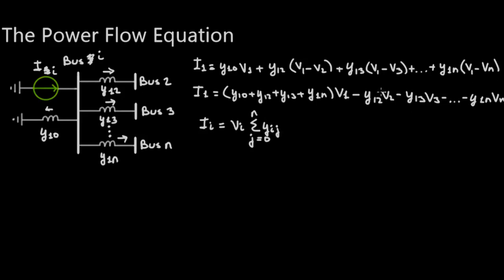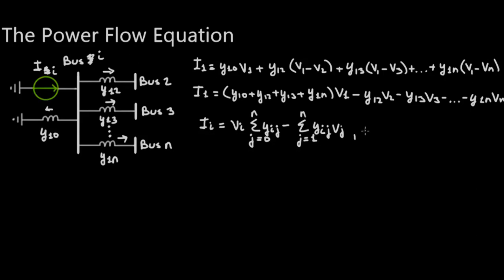Then I need an expression for the remaining terms: minus the summation as j goes from 1 to n, where I have Y12, Y13, Y1n, so Yij times Vj, with j being the other buses.